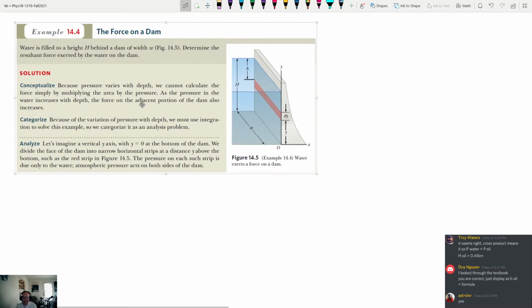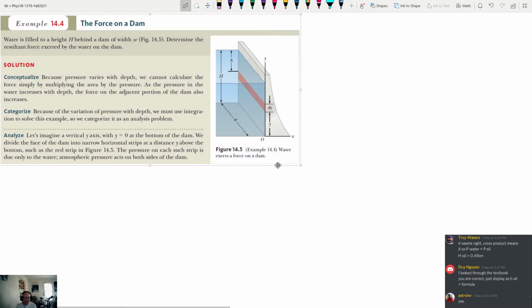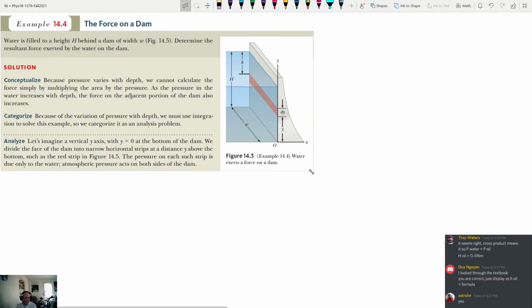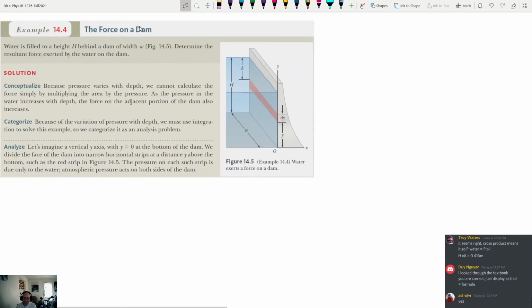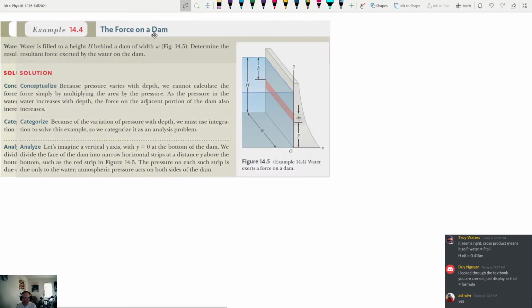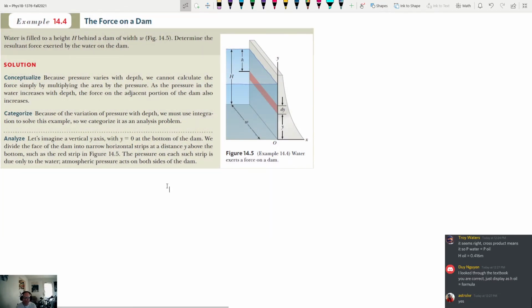But that's just how it's always been, that in a physics textbook, it's very common that your homework problems will introduce you to new ideas that you haven't been exposed to, and you have to just kind of do your best to try to learn from them. So what I did was I found another textbook that covers this topic, so that it won't be so foreign to you when you see it on your homework. You know what I mean? My goal is always to make sure that when you go home, you're armed with enough to be able to at least start your homework, okay?